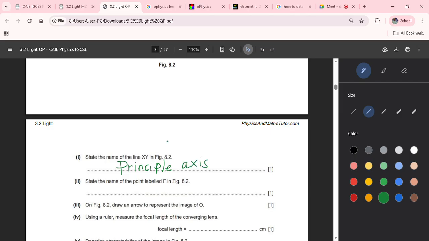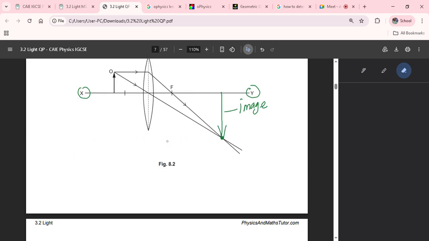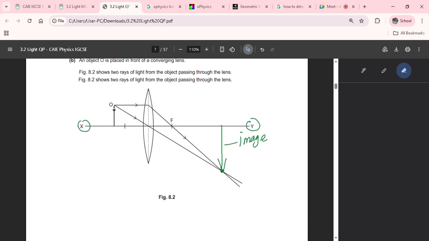So the principal axis is the line where the object is, the image is, and also the lens is. This is the horizontal line, and the horizontal line is called the principal axis, which is XY.